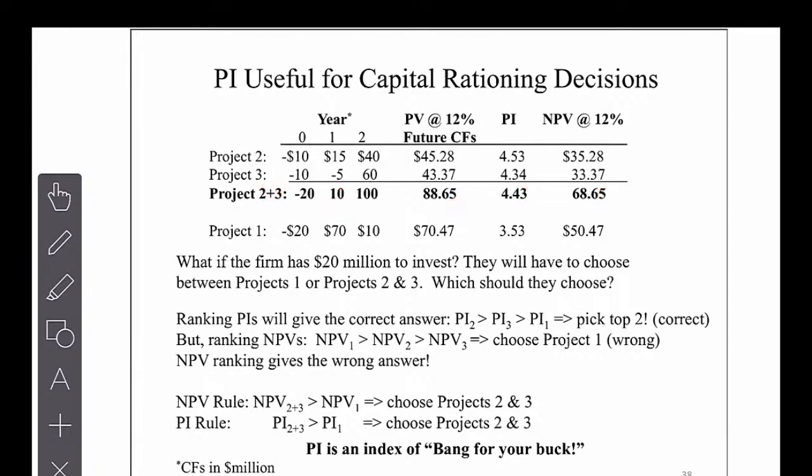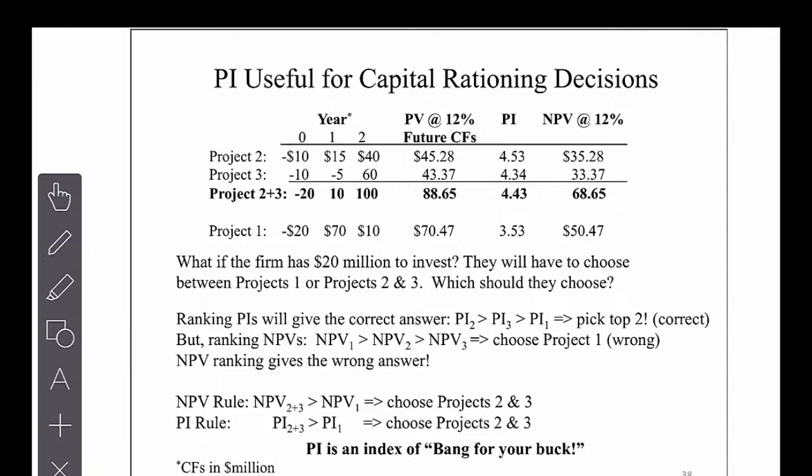And you would see here that NPV is bigger for 2 and 3 than it is for 1. So that's what I just discussed. But when it comes to PI, you don't even have to do that. I mean, that will show you as well, but you don't even have to do that. All you had to do was rank the PIs.